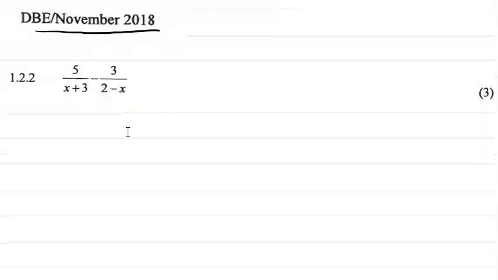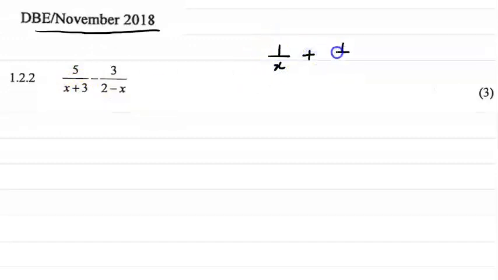Now, the concept of lowest common denominator is as follows. If I got 1 over x plus 1 over y, the LCD or LCM will be xy. And remember, what you do to the denominator, you do the same thing to the numerator.